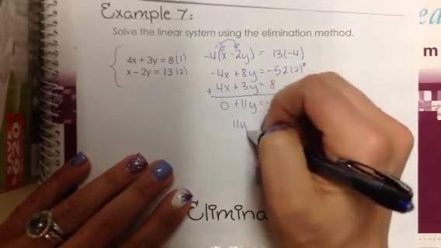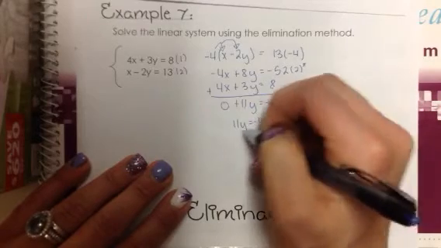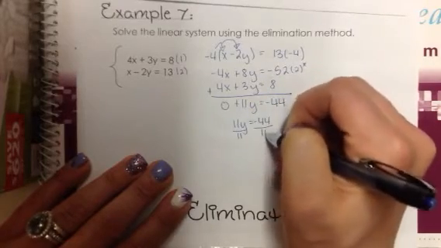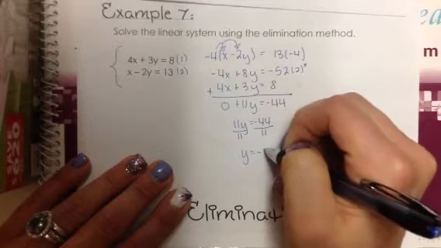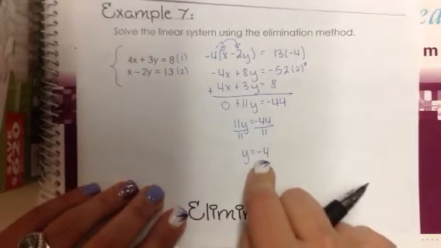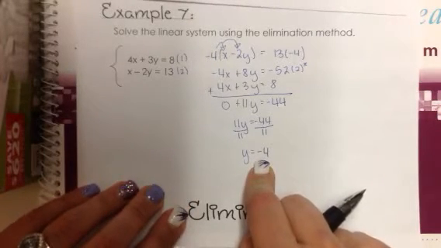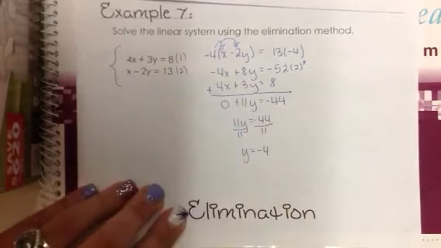So I get 11y equals -44. I divide both sides by 11. Y equals -4.